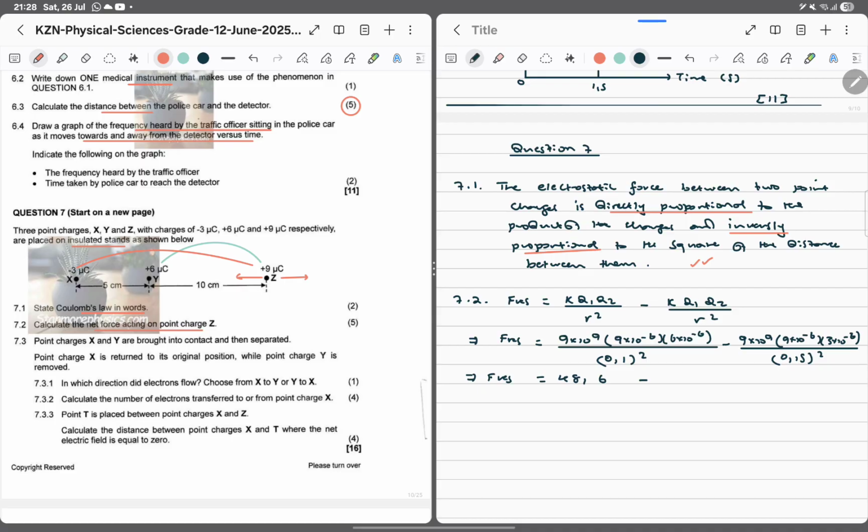So this one gives us 10.8. Therefore, our resultant force is 37.8 newtons. Now remember, it said resultant force. This is going to be to the right.